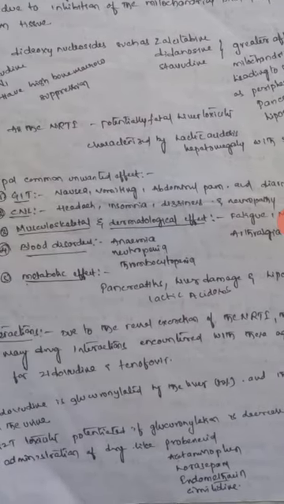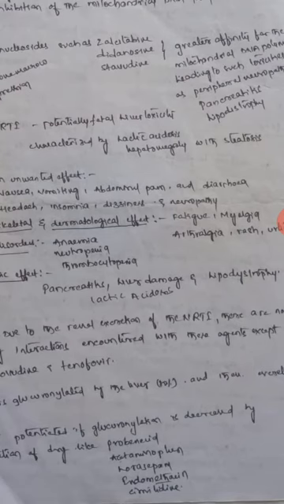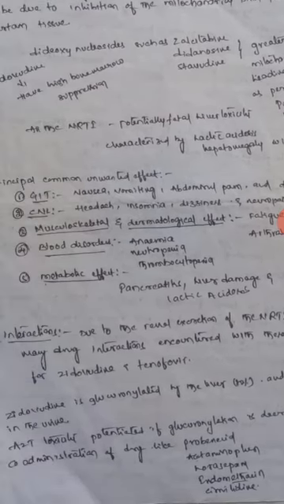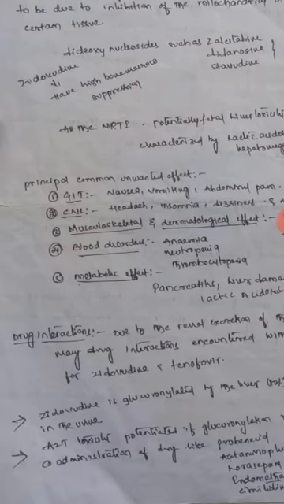Blood disorders, definitely: in any examination, if there are blood disorder side effects, they mostly decrease RBC, WBC, and platelets, causing anemia and thrombocytopenia. And the metabolic ones we already discussed: lipodystrophy, lactic acidosis, pancreatitis, and liver damage. So this is about the adverse effects of nucleosides.